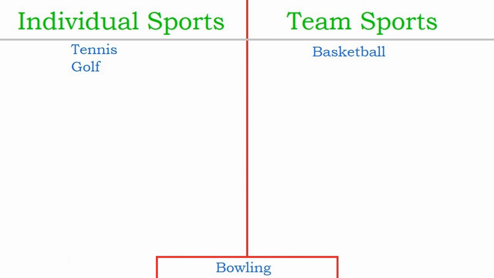Next, bowling. Bowling, that's an individual sport. Cycling, individual sport. Volleyball. In volleyball we have 2 teams and each team has 6 players, so it's a team sport.